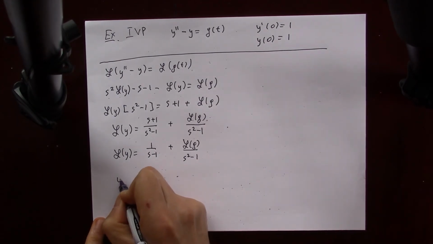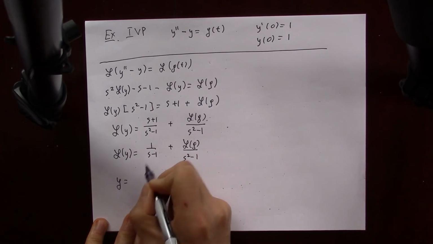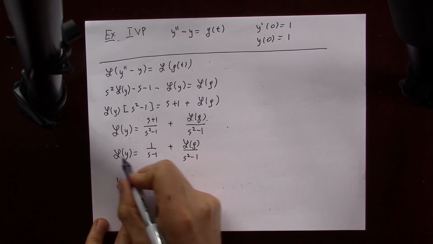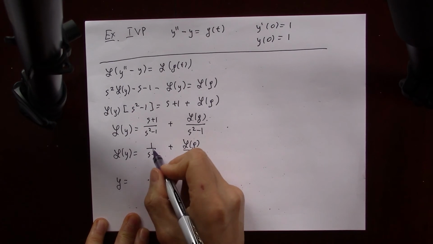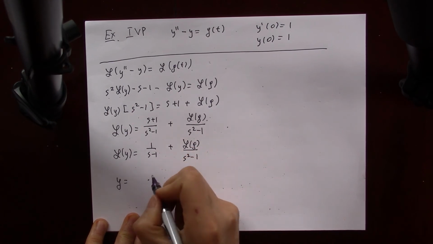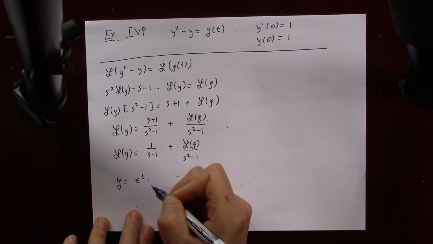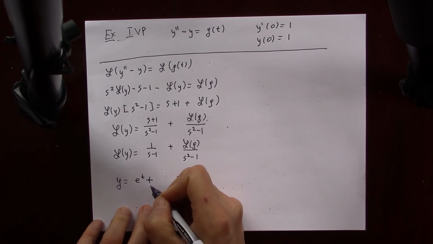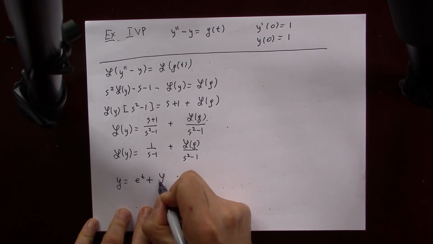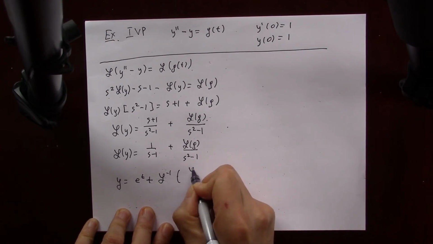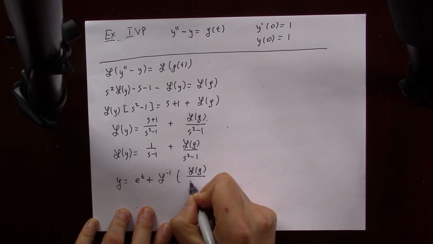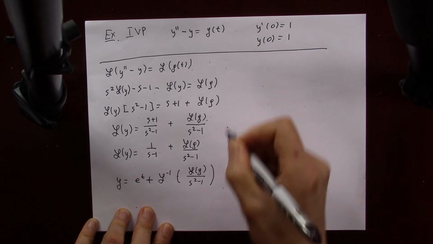So we have y equals Laplace inverse. We take the Laplace inverse of both sides. Laplace inverse of the first term is straightforward. It's going to be e to the t, plus Laplace inverse of Laplace of g over s squared minus 1.